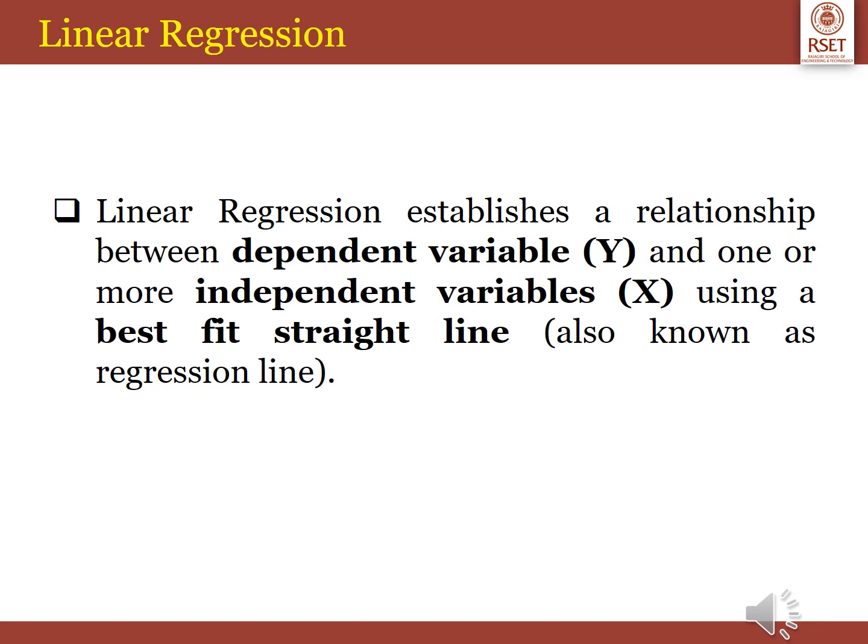Linear regression establishes a relationship between a dependent variable y and one or more independent variables x using a best fit straight line. It's also known as the regression line. So it should follow the equation y = mx + c, where y is the dependent variable, x is the independent variable, m is the slope of the line and c is the intercept.